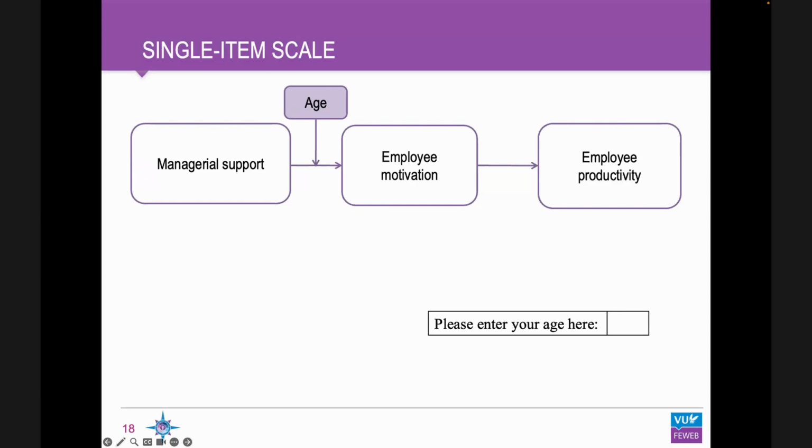So we can come up with a scale where we ask multiple questions to evaluate the concept of managerial support. For example: my manager considers my feelings, my well-being is a priority for my manager, my manager defends me from unfair criticism.